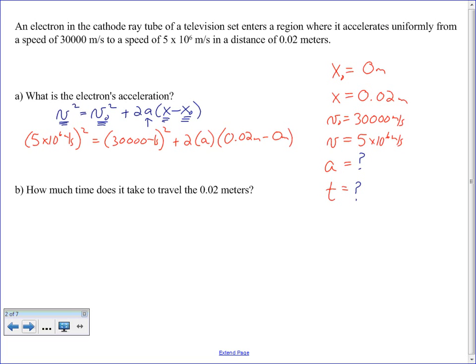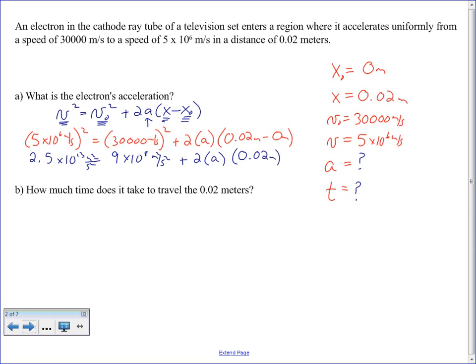And so if we square out these quantities, 5 times 10 to the 6th squared, that's 2.5 times 10 to the 13th. And this equals 9 times 10 to the 8th, again, this is meters squared per second squared, plus 2 times the acceleration times 0.02 meters.